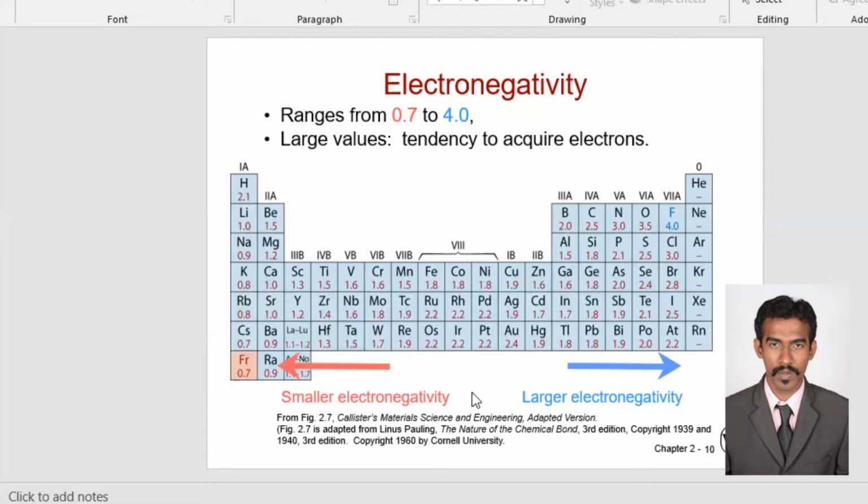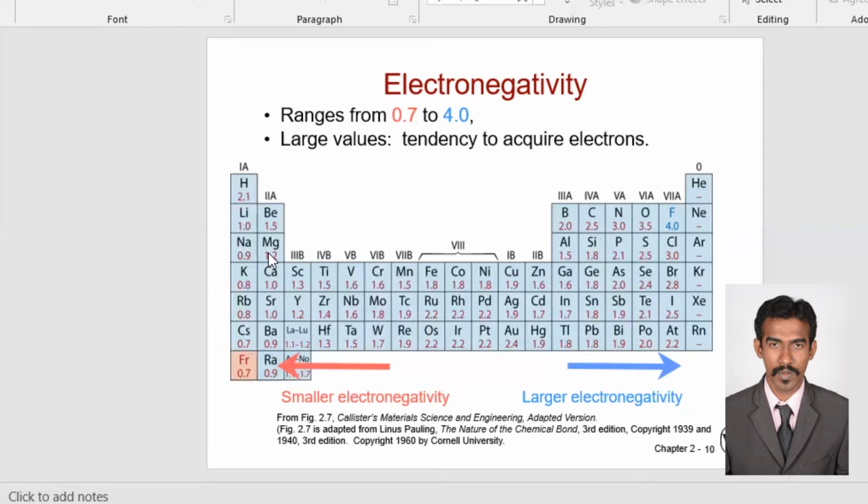But the difference need not be equal. In the first row it is 0.5 increasing, but it is not mandatory to increase by 0.5. If you take the second one, it is 0.9, 1.2, that is 0.3, right?